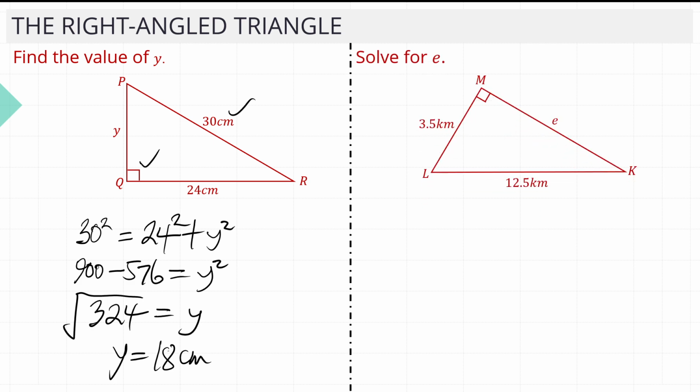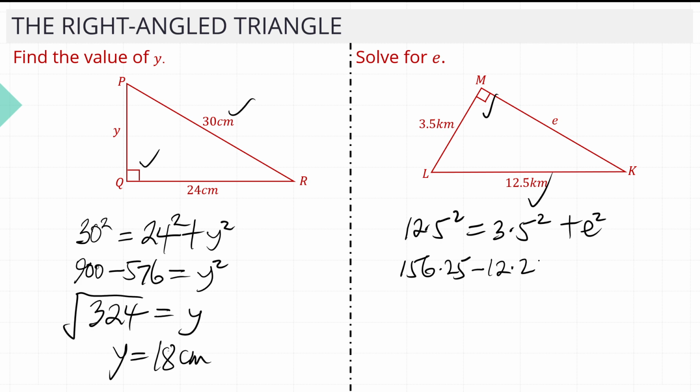We are to solve for the side E. This side of the triangle is opposite the 90-degree angle. This one, that's the hypotenuse. The square of the hypotenuse is equal to the sum of the squares of the other two sides. 12.5 squared is the same as 156.25. 3.5 squared is the same as 12.25.